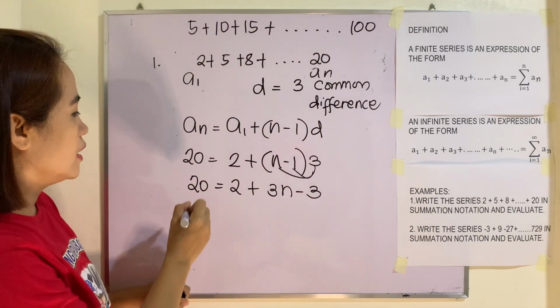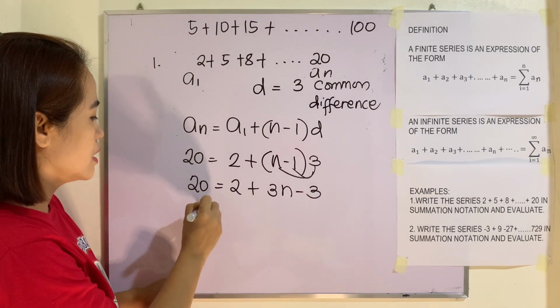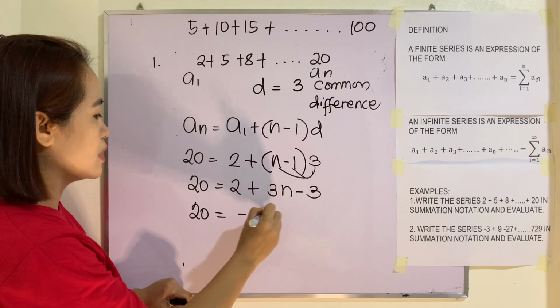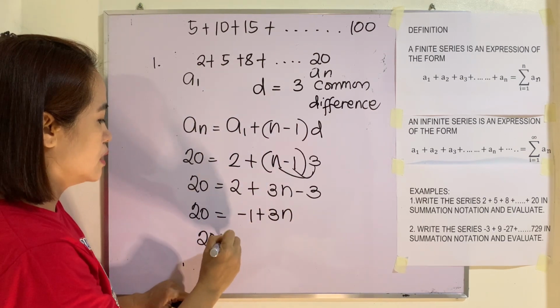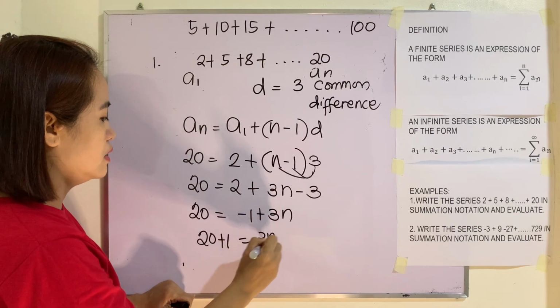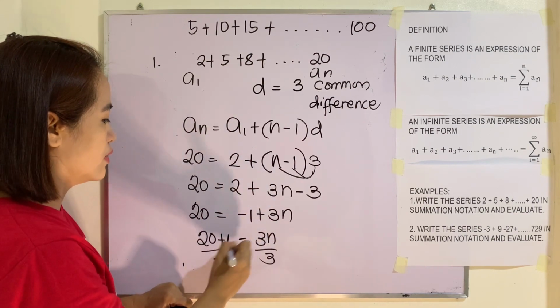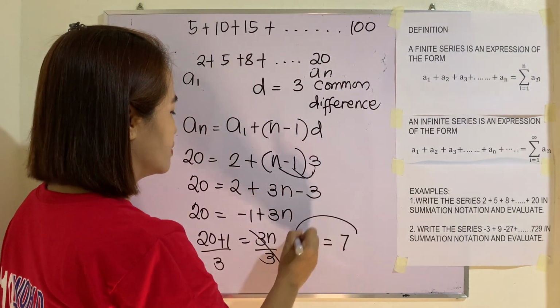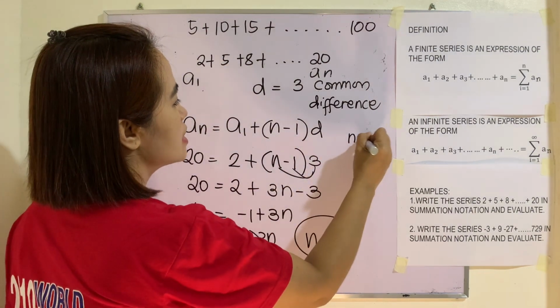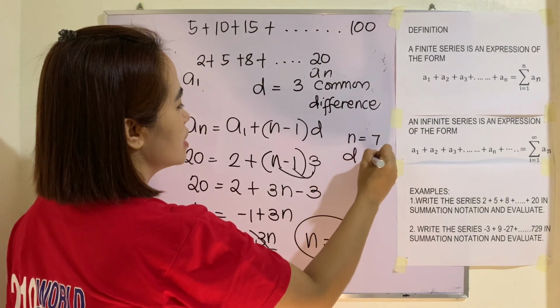Simplifying it, we have 20 equals negative 1 plus 3n. So 20 plus 1 equals 3n; dividing by 3, n is equal to, of course, 7. So our n is 7 and our d is 3.